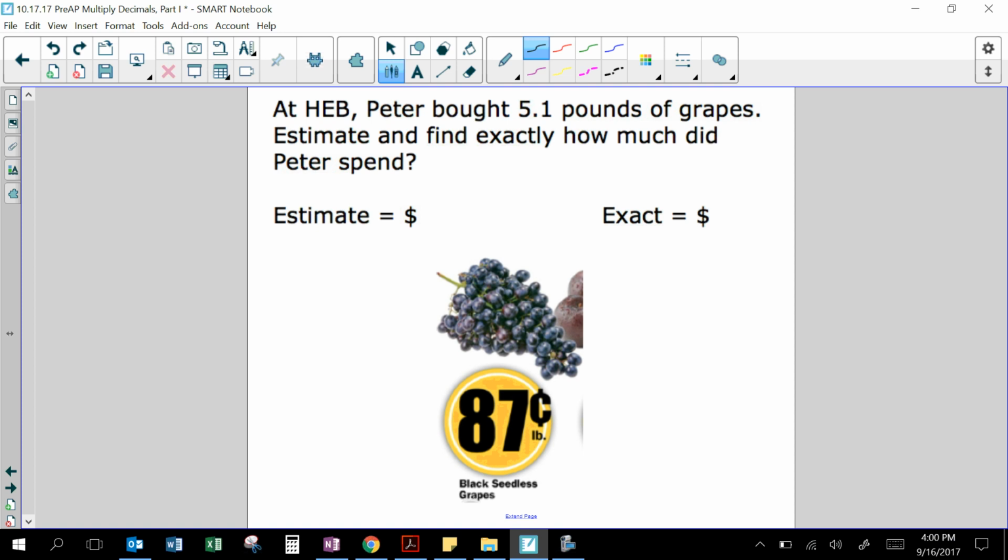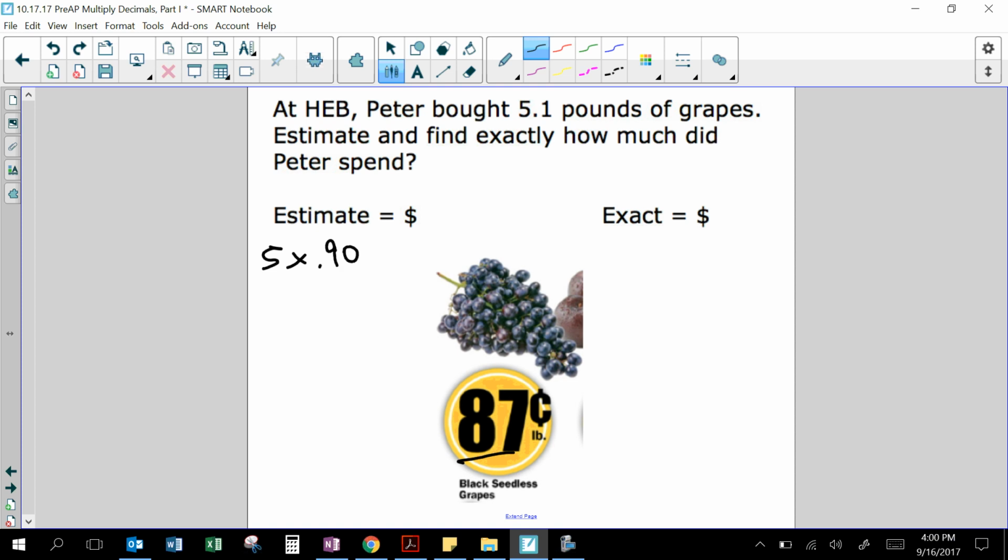So that means he bought about 5 pounds of grapes. Each pound cost 87 cents. So let's think. He bought about 5 pounds of it, and 87 cents is close to 90 cents.